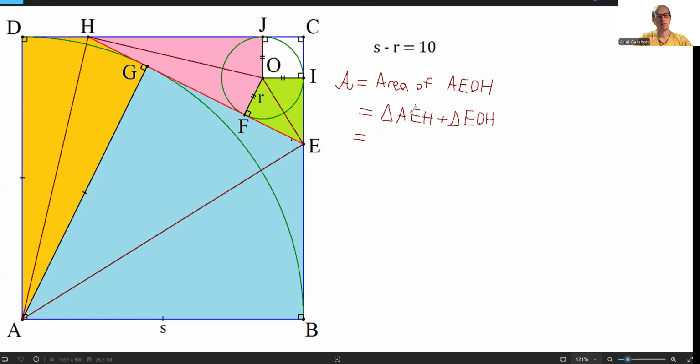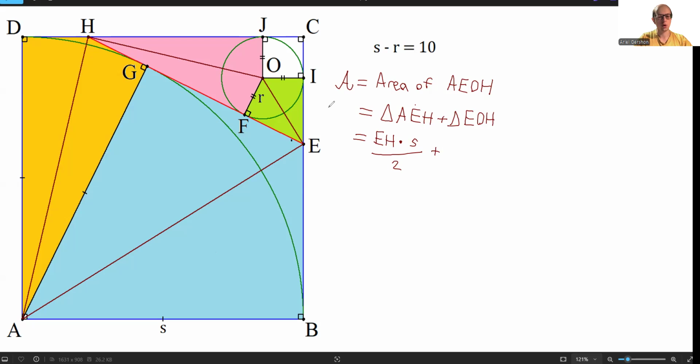And for the area of each of those triangles, we use the formula base times height divided by 2. So for AEH, the base is equal to EH, and the height is AG, which is equal to S divided by 2.